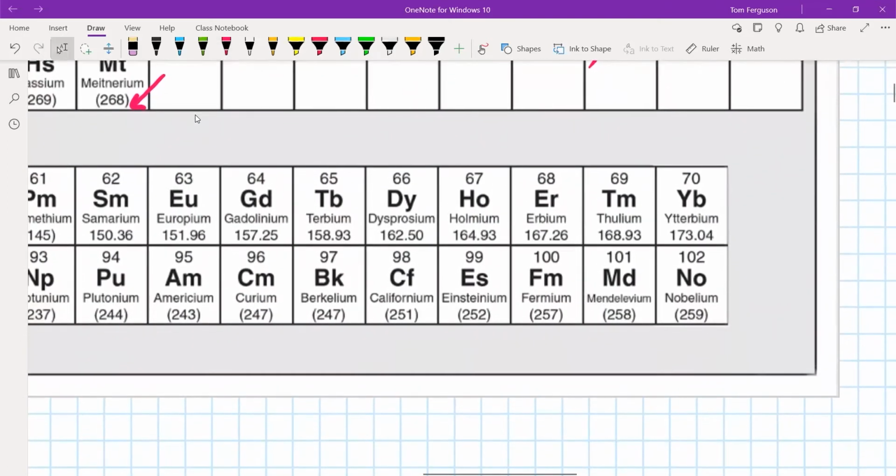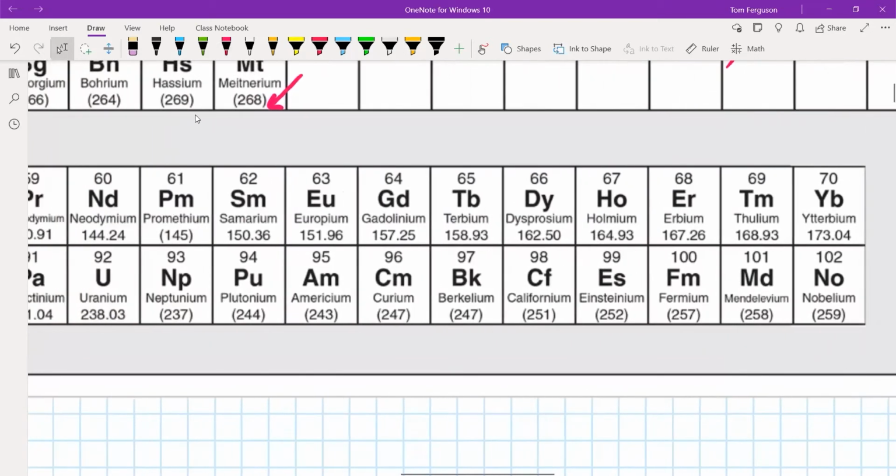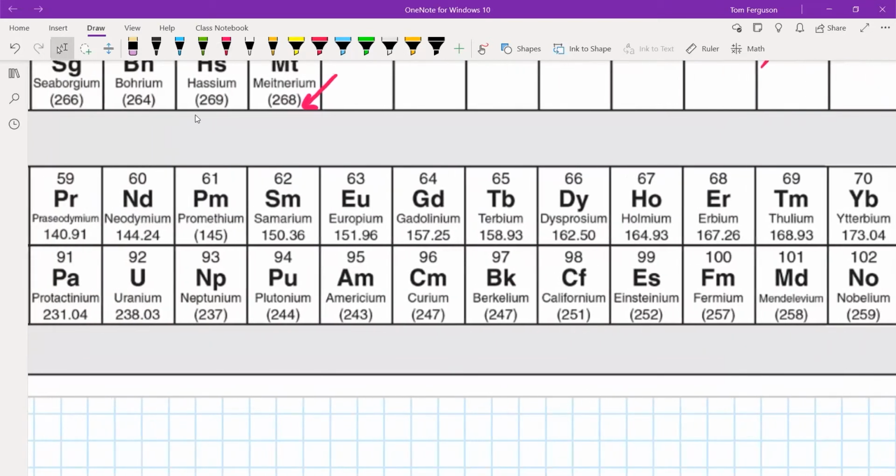All man-made isotopes are in parentheses because they were made specifically for a certain type of neutron-proton configuration or a certain isotope. For example, plutonium-244. There are other isotopes of plutonium, but this is the one they originally made, and that's what went on the periodic table. Okay.